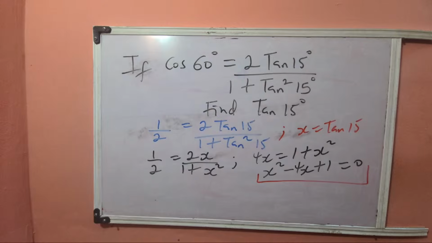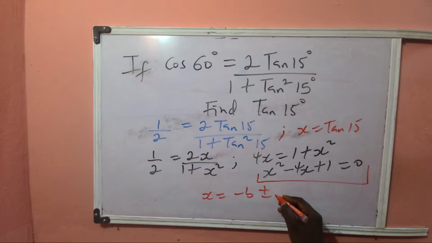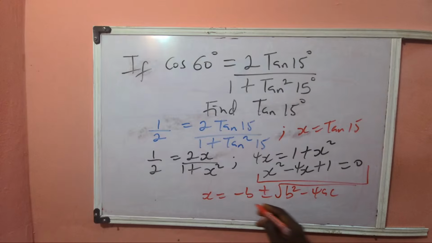Don't forget the formula. In case you have forgotten the formula, let me write it here for you. The formula when you're using the formula method is x equals minus b plus or minus the square root of b squared minus 4ac, everything over 2a.